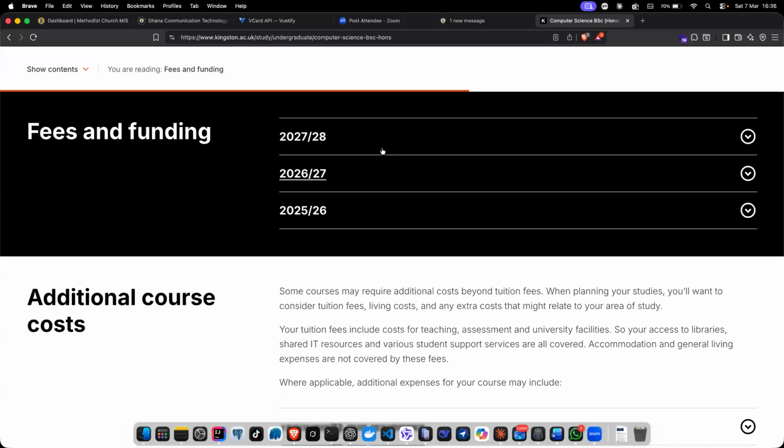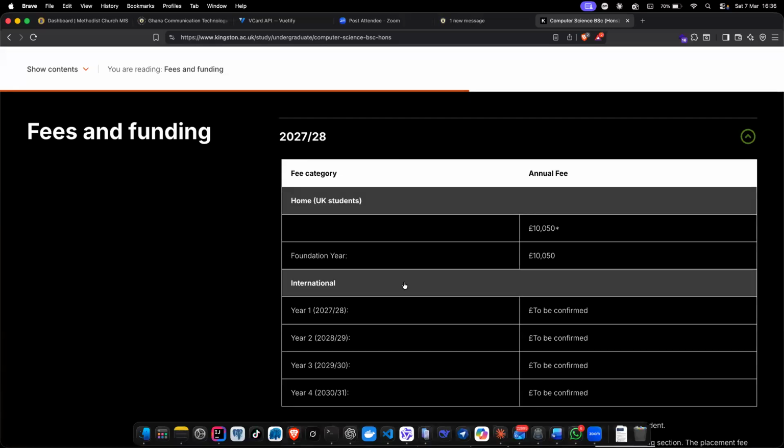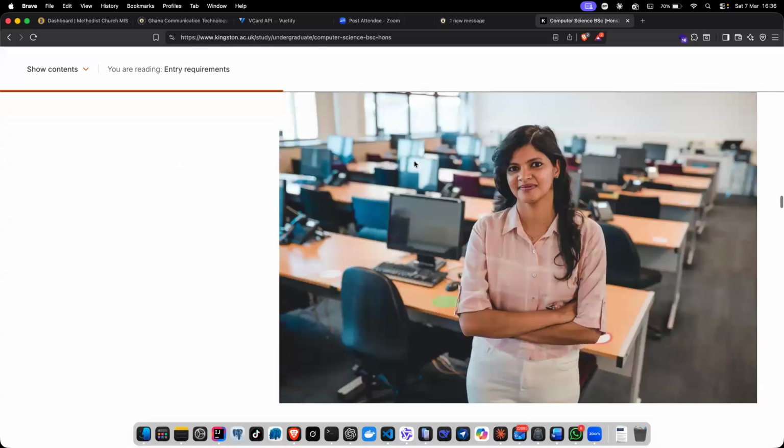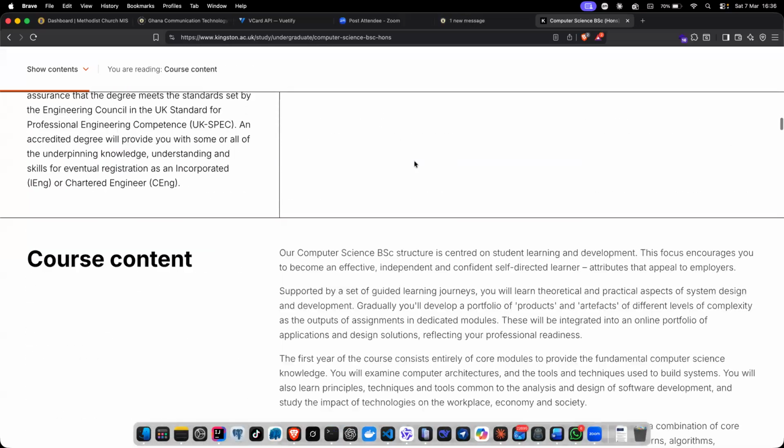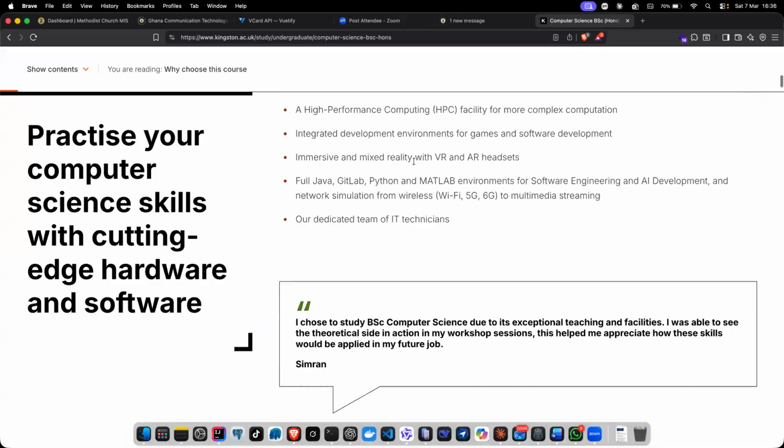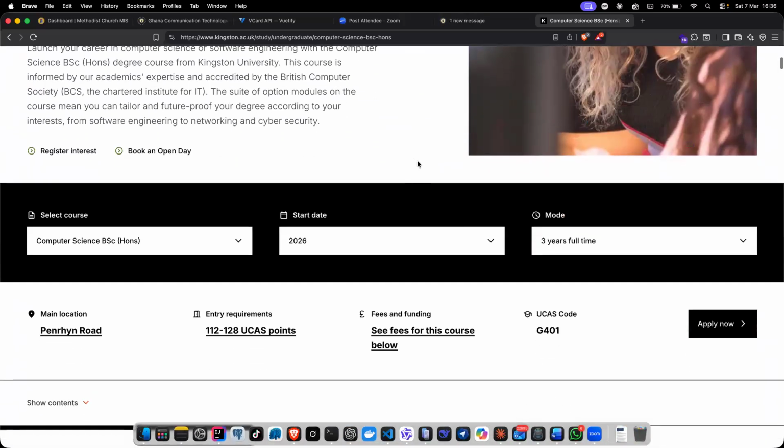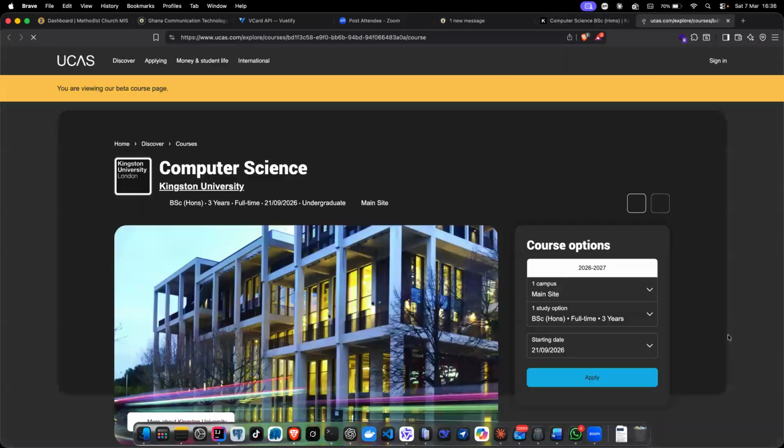Do you have the money that they are stating? Not that you apply and later you don't have money. And the payment plan, everything is there. So it gives the user the chance to be pre-informed, not that you apply, then you will be stuck along the way. Then you can apply now.